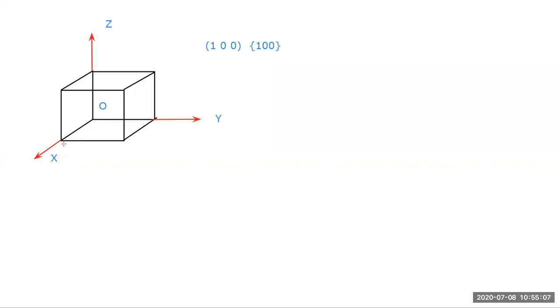This is the intercept. We consider this point as the one intercept; y is 0, z is 0. So we consider only that front plane in the x direction, that is 100. With the help of hatch lines, you have to indicate this 100 plane.